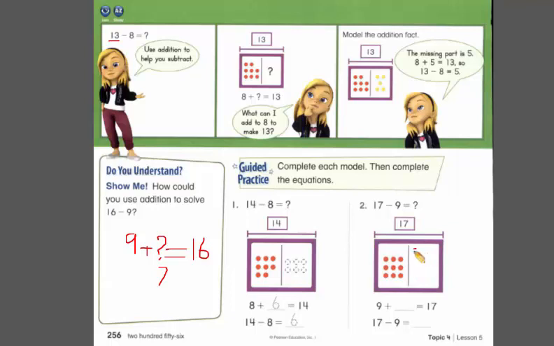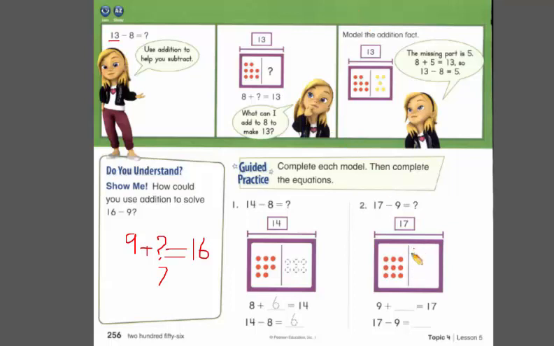What after 9? 10, 11, 12, 13, 14, 15, 16, 17. How many circles did you draw? Let us count again one more time. I have 9. I want 17 in all.